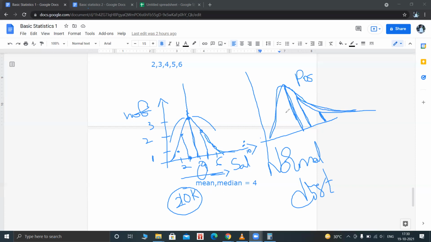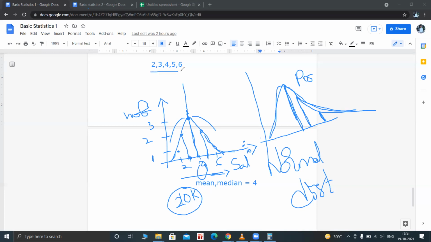See here guys, my curve has bent towards its right side. So this is exactly what is called a positive skewed distribution. Why?